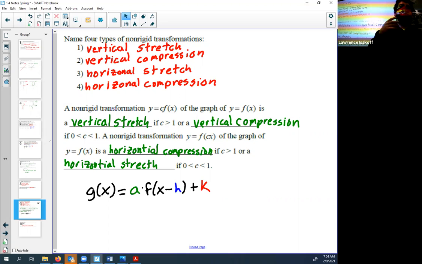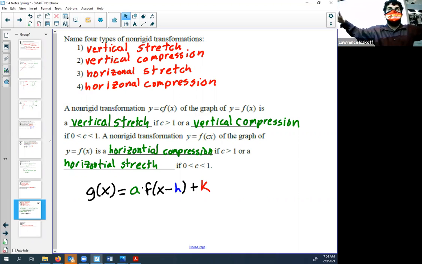We won't worry about that until we get into our trigonometry unit, because horizontal stretching and compressing most of the time goes inside the function and will be hard to distinguish from vertical stretching and compressing. However, when we get into trig functions, which are more like waves, there's a big difference between stretching a wave this way and pulling a wave apart this way. So we will actually see that.